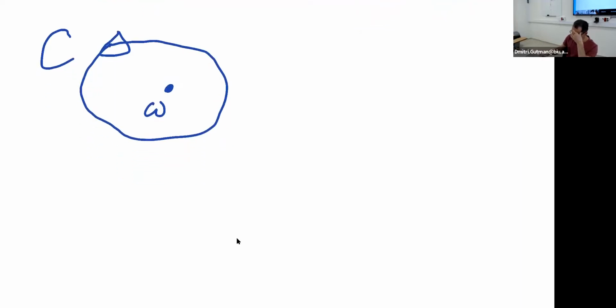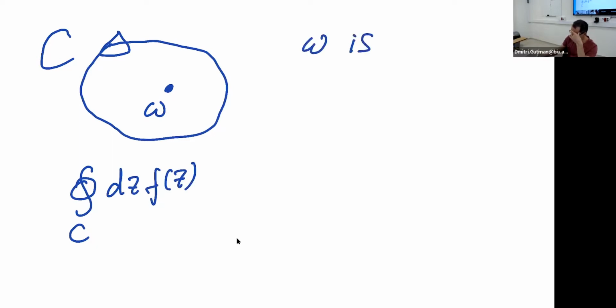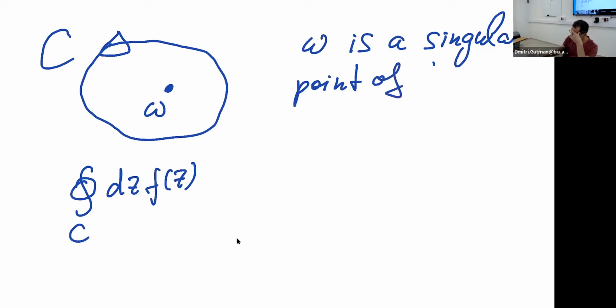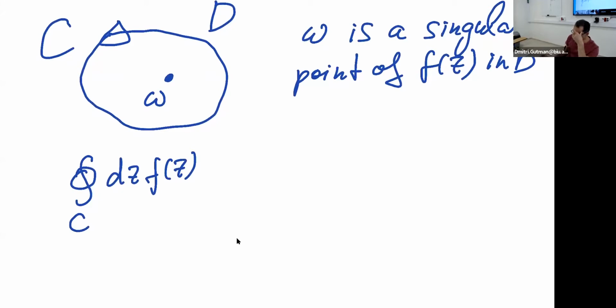So let's assume that we want to integrate function f of z along the oriented curve C, and W is a singular point of f of z in D. This is our domain D. C is the boundary of the domain. Okay, so now let's see what happens for different types of singularity.